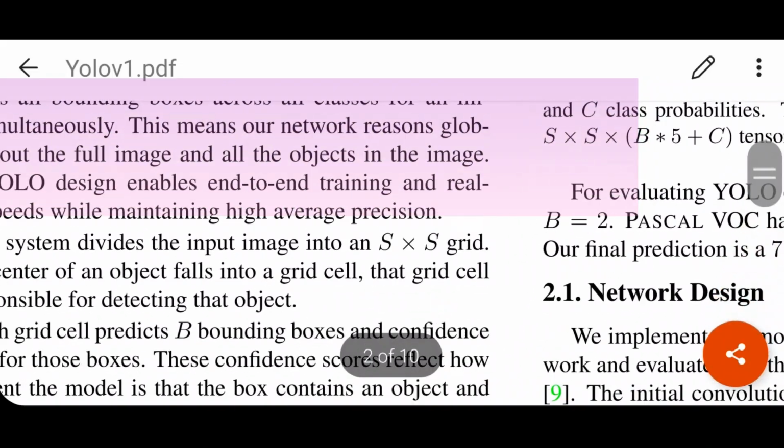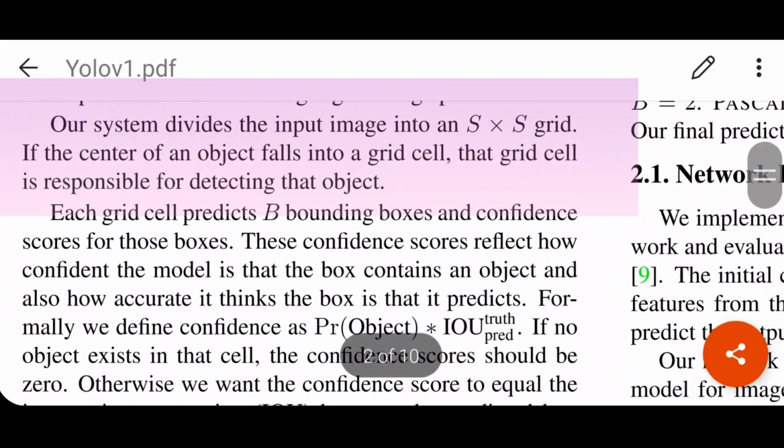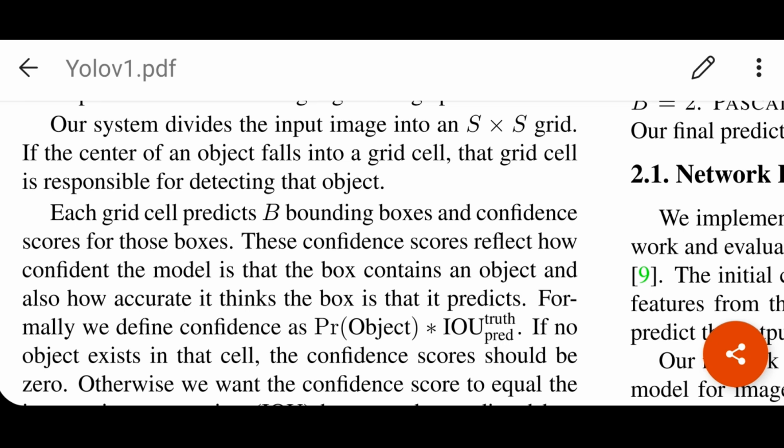So they use those grids as an initializing point for detection and localization. If the center of an object falls into a grid cell, then that grid cell is responsible for detecting that object. So that's a rule that the authors put there.